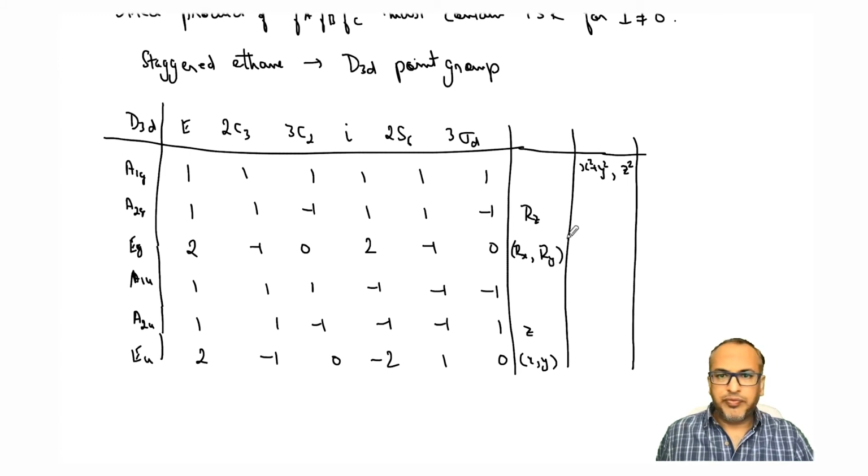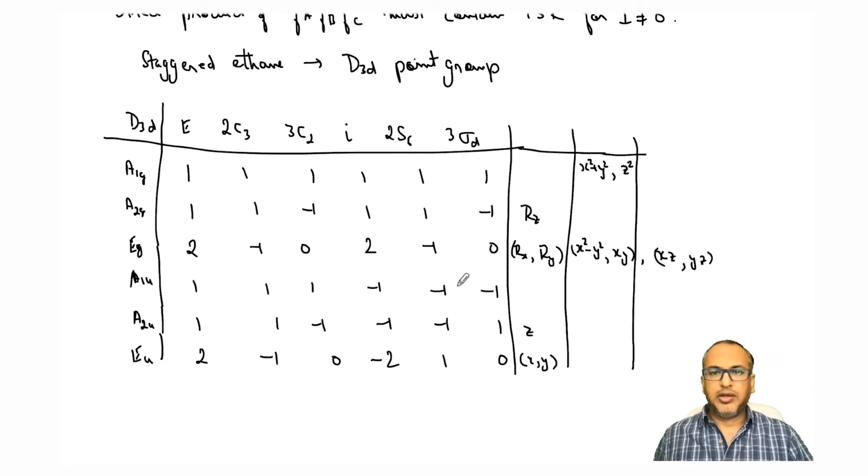Then I have the joint representation for x square minus y square, xy, as well as xz, yz, right? So these are my basis sets.